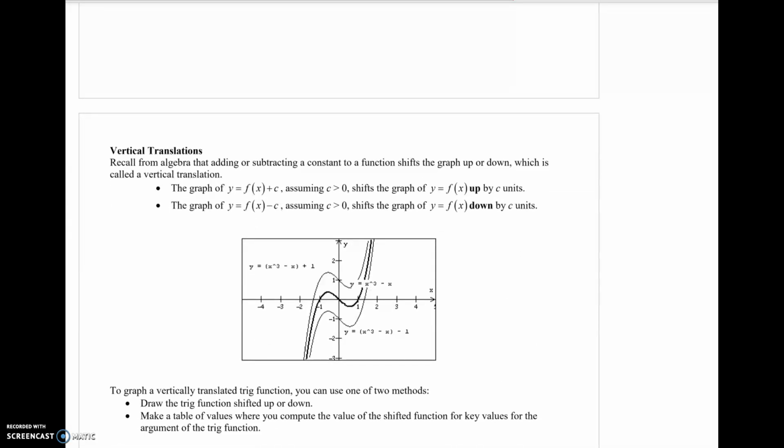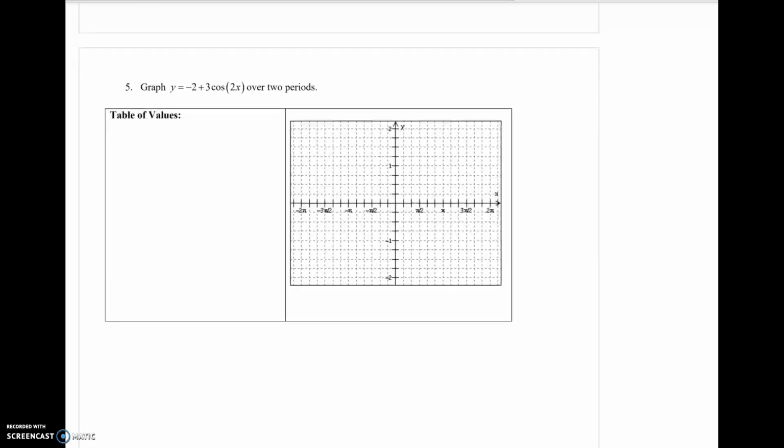Vertical translation: when you have a function y equal f of x plus c or minus c, if it's plus, you're going up c units, and if you have a negative, you're going down c units. So if I look at this problem right here, I can apply exactly the same idea.